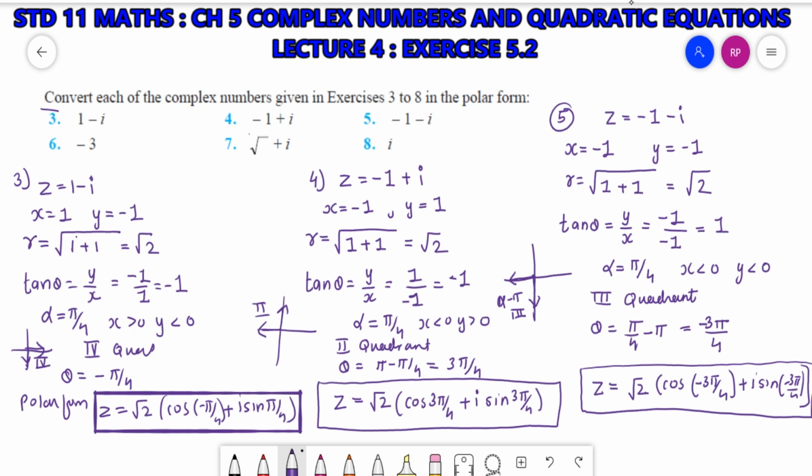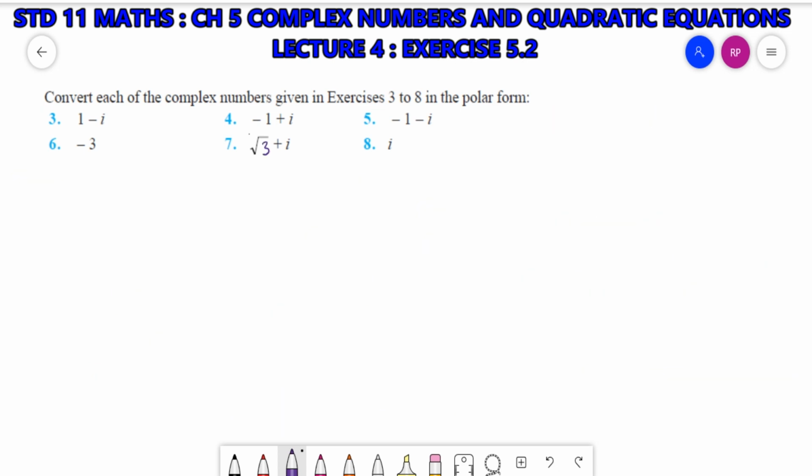Now let's see the next question, the sixth. Question number 6: z is equal to minus 3. Now this can be written as minus 3 plus 0i.